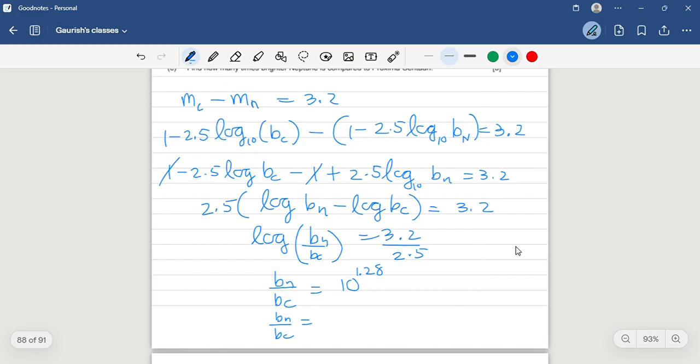The answer is 19.0546. So the brightness of Neptune is equal to 19 times the brightness of Centauri, 19.1 times. I hope that makes sense. All the best.